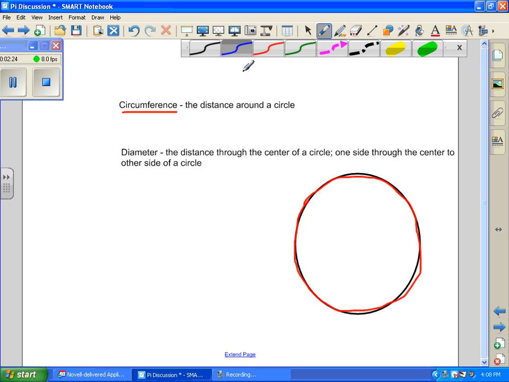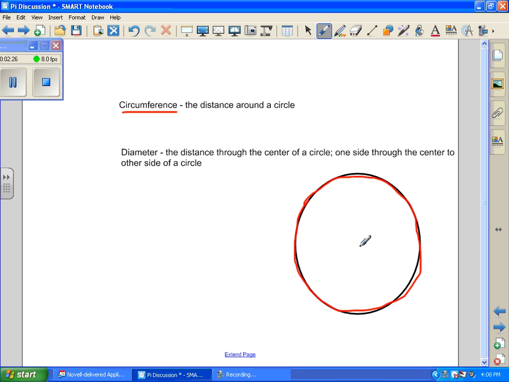So if we take this pen and say that this is the center of the circle, and I draw a line from this side of the circle through the center to the other side, that represents the circle's diameter. So this is the diameter.